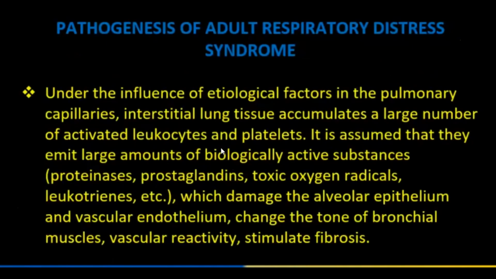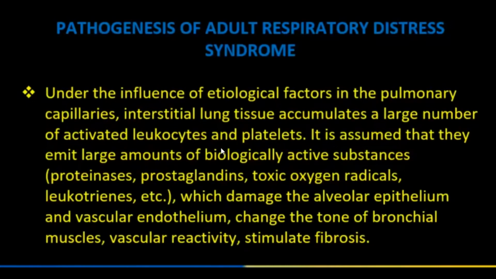Pathogenesis of adult respiratory distress syndrome: under the influence of etiological factors in the pulmonary capillaries and interstitial lung tissue, a large number of activated leukocytes and platelets accumulate.